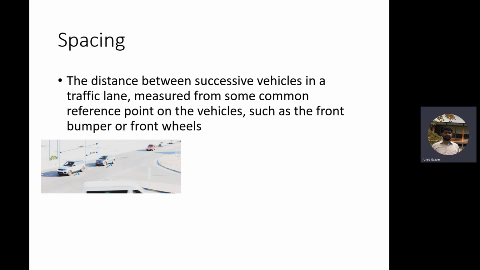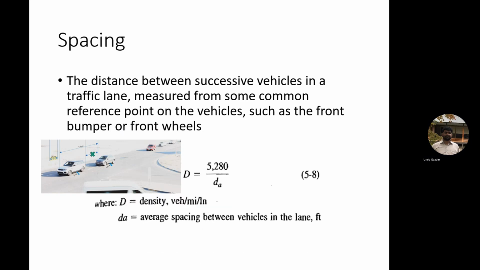Vehicle per distance. And what did we call vehicles per distance? Density. Okay. So dA is the average of spacing, and if you take the inverse of dA, it will give you density.